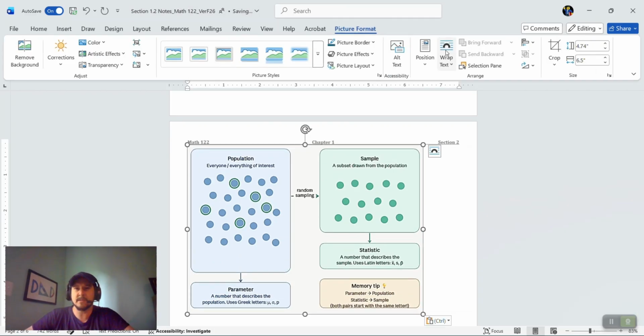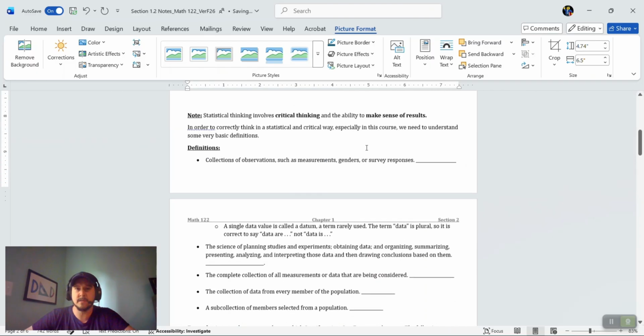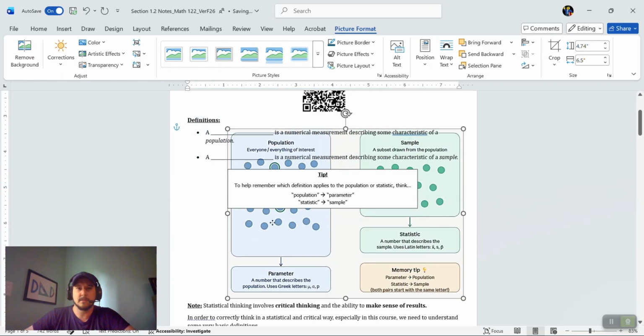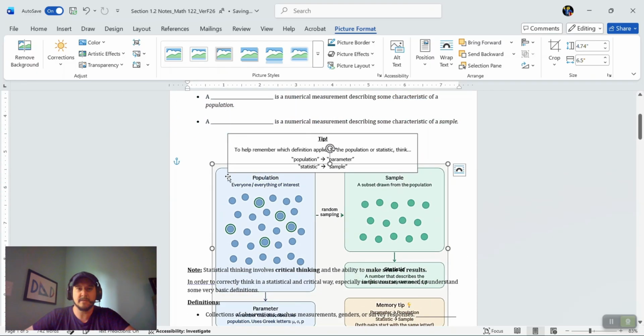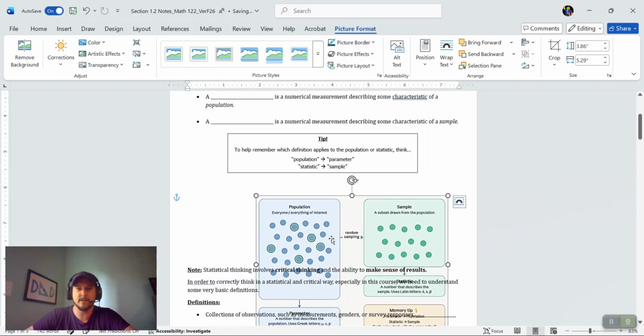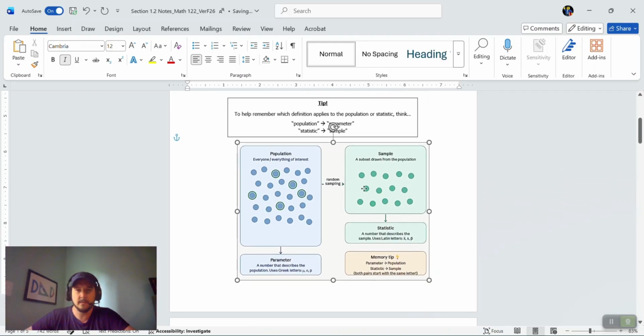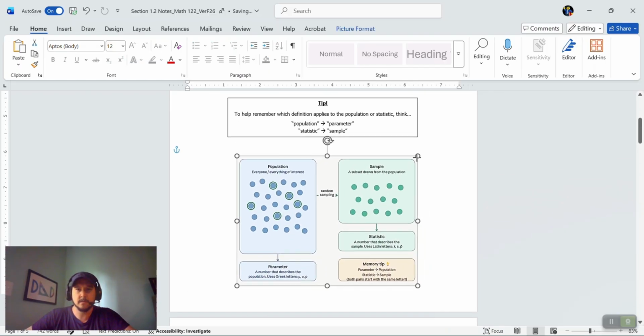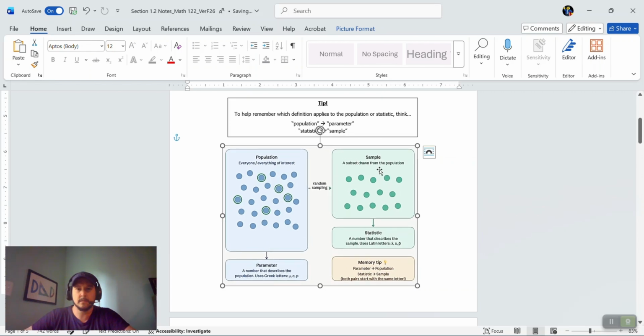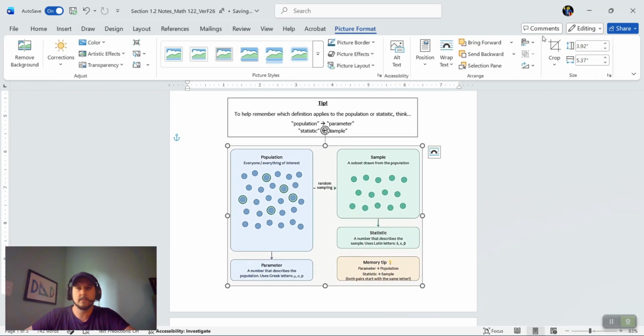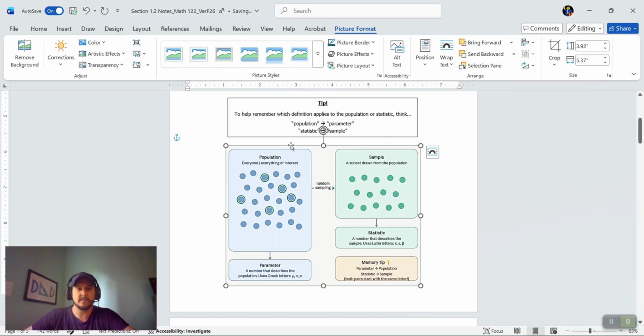So copy and pasting it into the section of notes, we'll bring it down here, and shrink it down a little bit. And I'll leave some space for margins on the side for us to annotate.